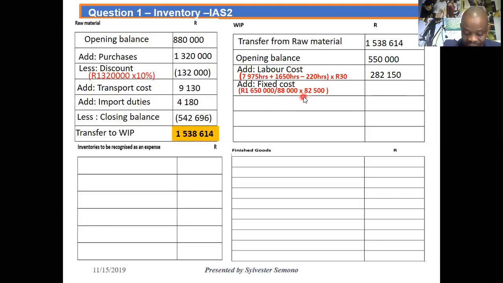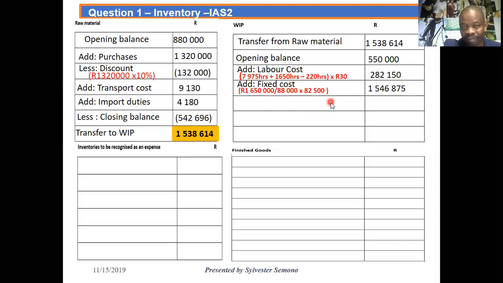By 88,000, which is the normal production hours. And thereafter, multiply by the actual production. Can you see? These are the actual units produced. So you need to take the fixed cost, divide by the normal production units, and times by the actual production units. And you're going to get what?